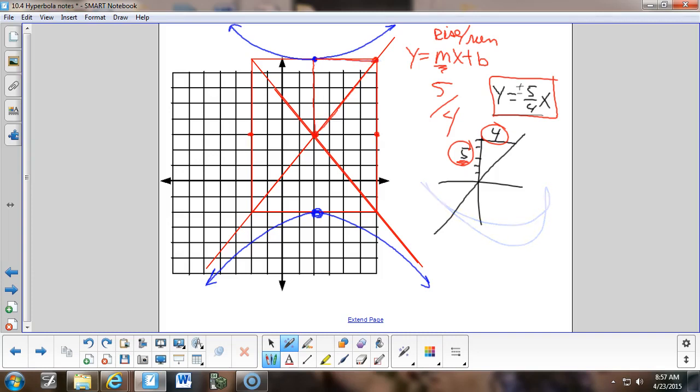Stretching in the Y direction, stretching in the X direction. So I went up 5 units and over 4. That's the slope of that line, 5/4. Likewise, I went down 5 and over 4 also. So one of the lines is going to have positive 5/4 slope, and the other one's going to have negative 5/4 slope. These numbers came straight from the equation.